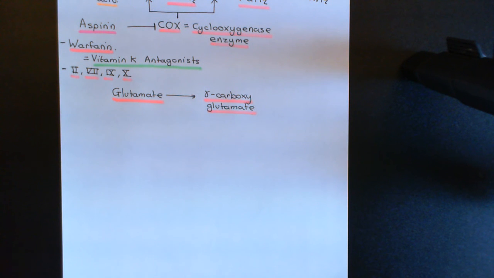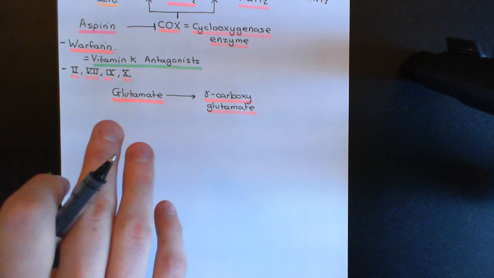You will lose the ability to make a fibrin meshwork, which is absolutely essential to produce a strong thrombus. Platelets just aggregating together is not very strong. It will disintegrate very easily. You have to have the fibrin mesh to have a strong thrombus.